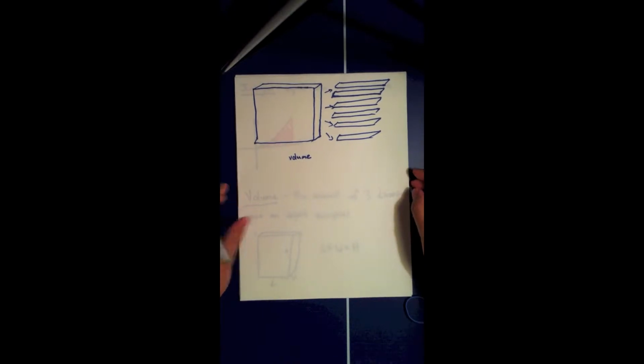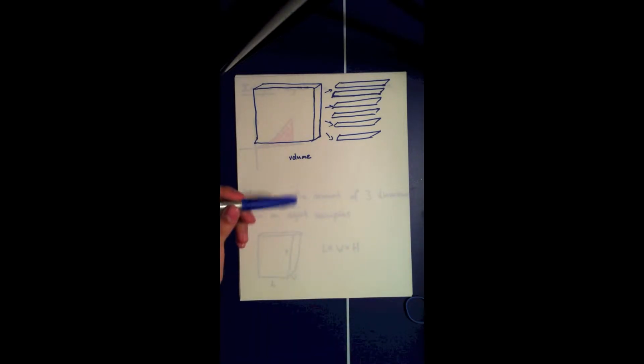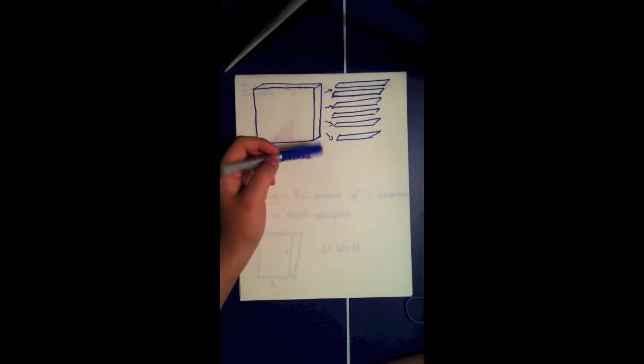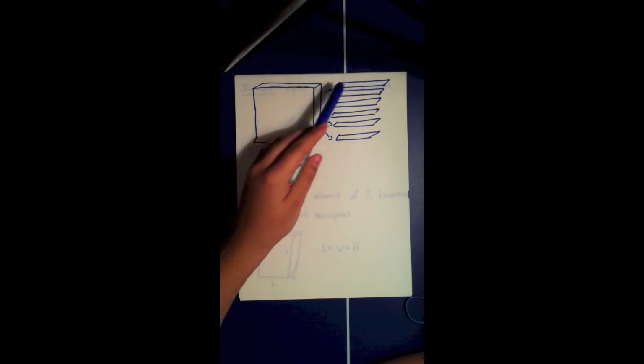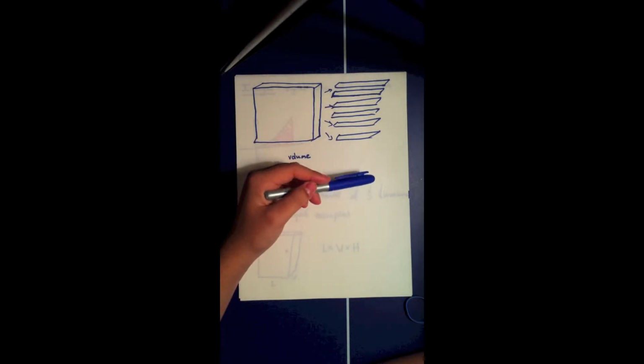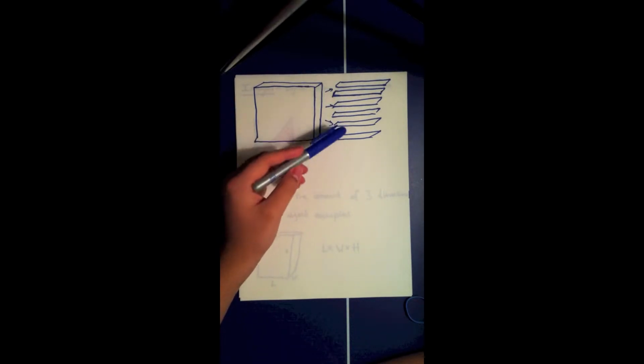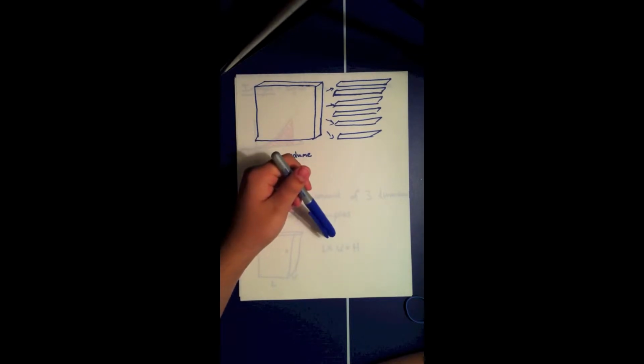So what we have here is the same cube, and one way to find the volume of it would be, like I said, to multiply the length times the width times the height. But another way is you could slice it up into slices like this, and then you could find the volume of each of these slices and then just add it up.